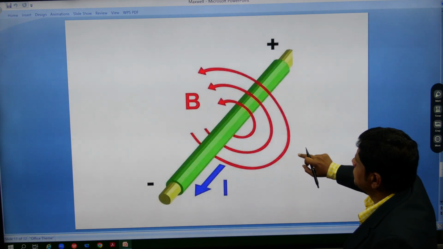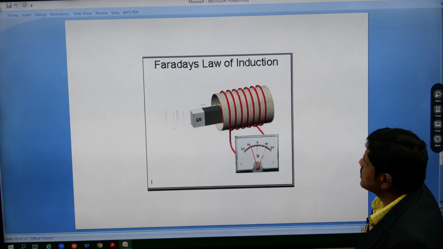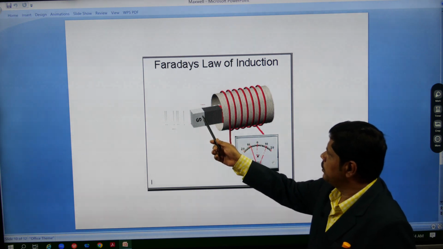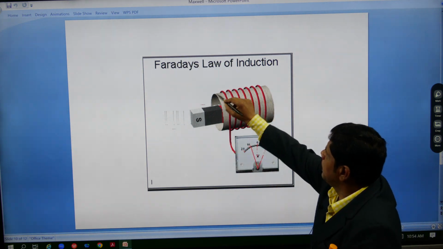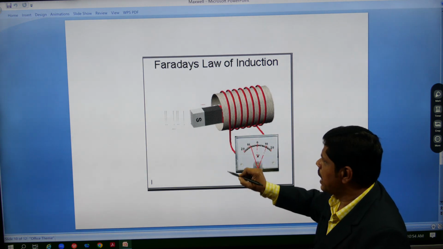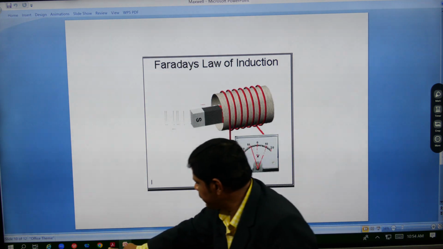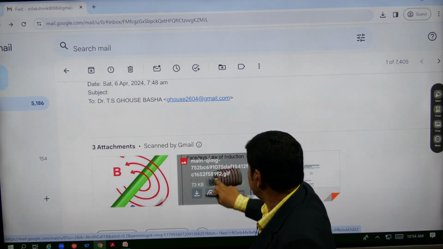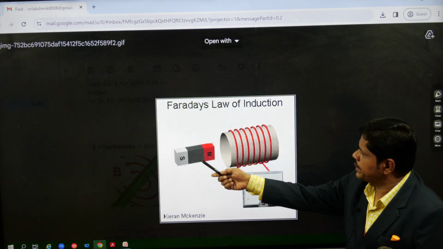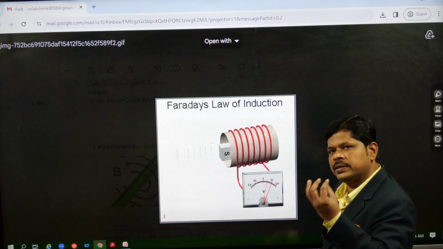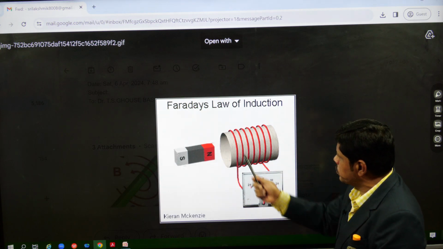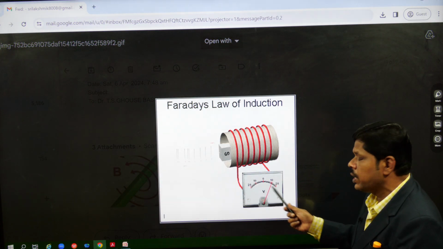You can see here, this is a magnetic force which we are going to enclose in the electric closed loop. Whenever we send magnetic forces inside the electric closed loop, we can see the variation of the electric field.